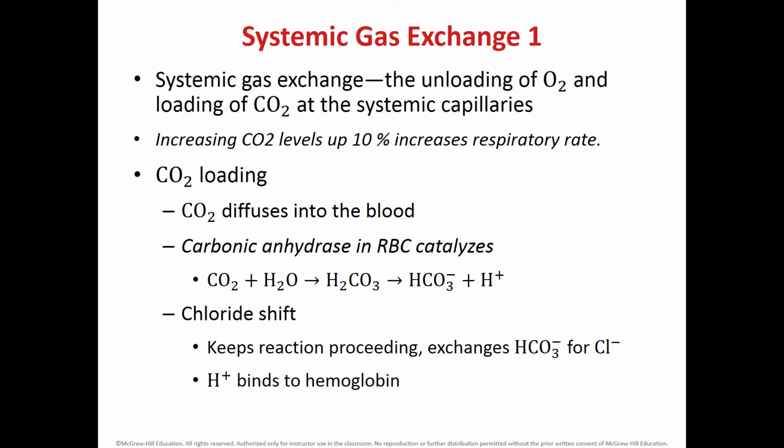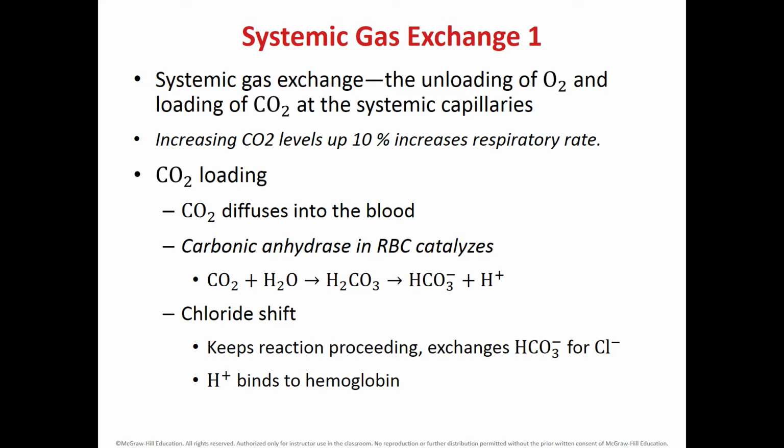When the cells are generating energy, generating ATP, they also generate a byproduct called CO2, or carbon dioxide. This carbon dioxide is toxic to our cells, so we need to get rid of it. The hemoglobin exchanges oxygen for CO2. So when it unloads the oxygen into the cells, it will be free to pick up CO2. And this happens at the capillary beds of our tissues.